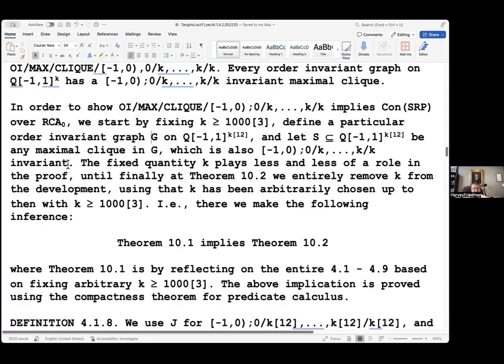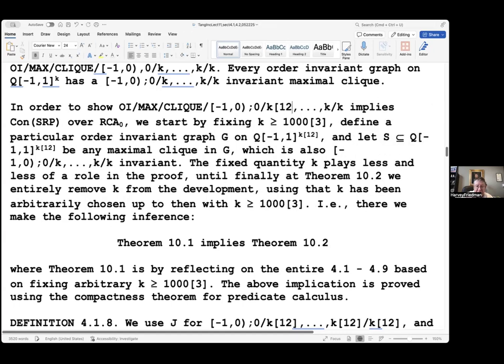Okay. And the quantity K plays more or less a role. Yeah, at some point we already, yeah, I think I should say it here. We go to K12, not just K.